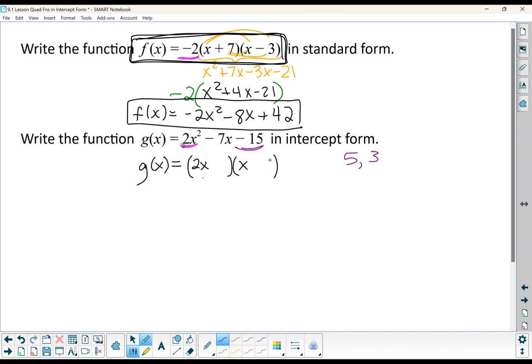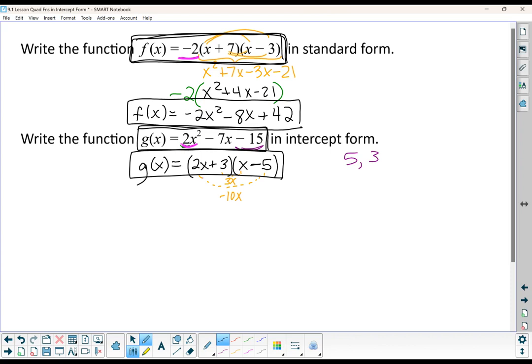If we put the 5 here, it's going to get doubled to be a 10. And so we want the 3 here. To get a negative 7, I want a negative 10x and a positive 3x. So there's my factorization. So again, this function g of x written in intercept form is exactly the same as this function g of x. They are just being presented in two different forms.